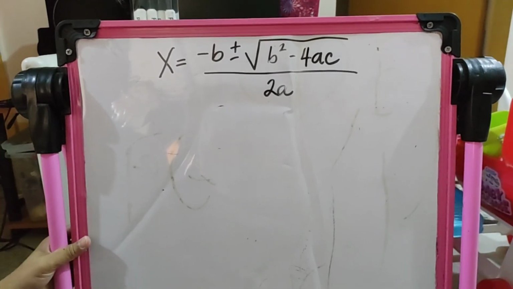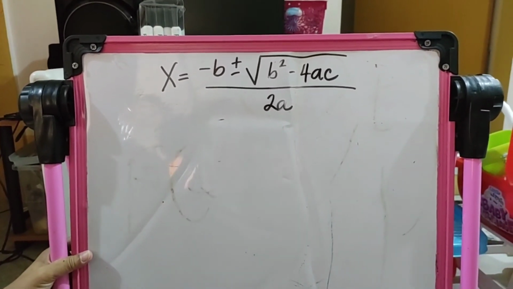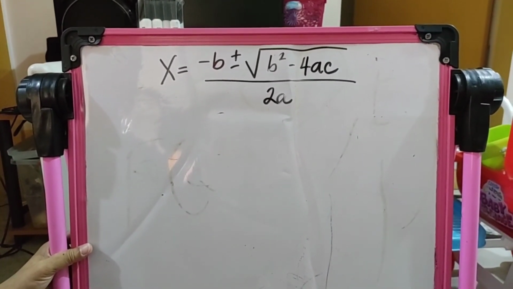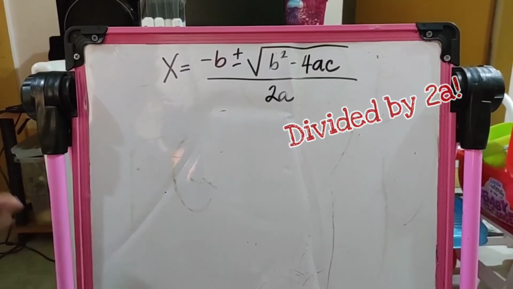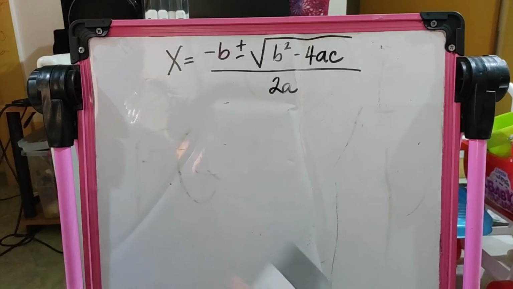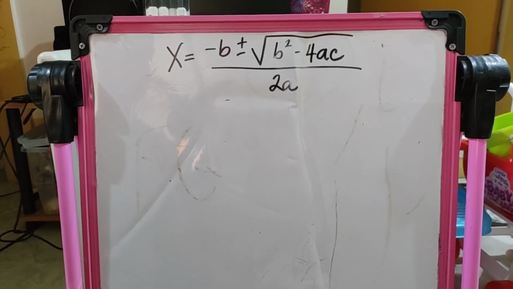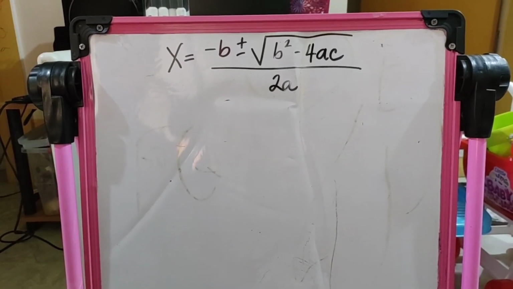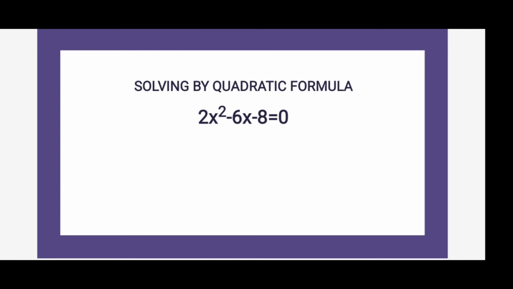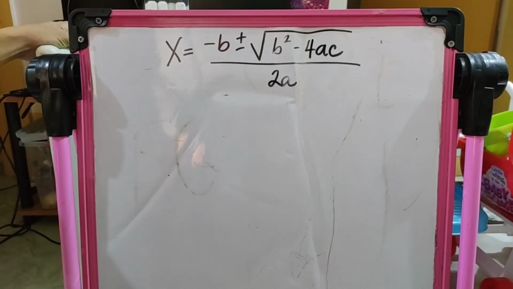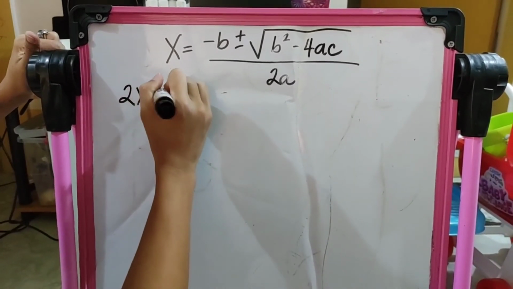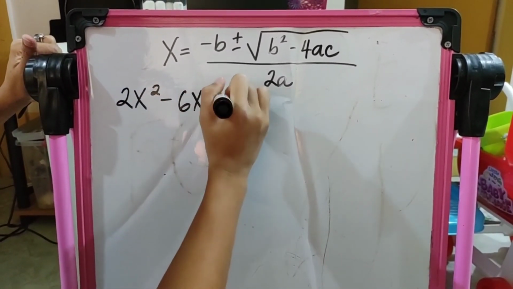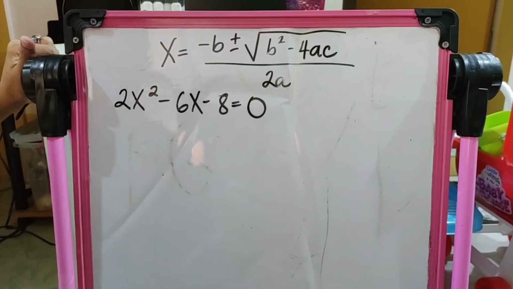Our quadratic formula is x is equal to negative b plus or minus square root of b squared minus 4ac all over 2a. This was derived when the standard form of the quadratic equation was solved using completing the square. So, let us try answering 2x squared minus 6x minus 8 is equal to 0.